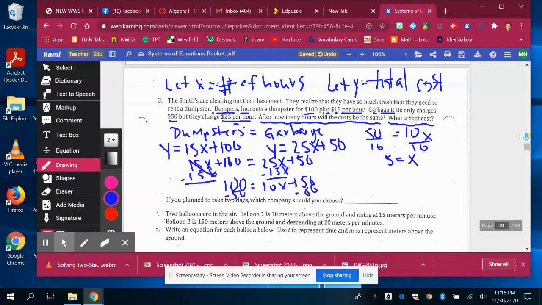Now I need to find what that cost is. After 5 hours they will be equal, but how much is that going to be? So now I can substitute 5 into either equation.